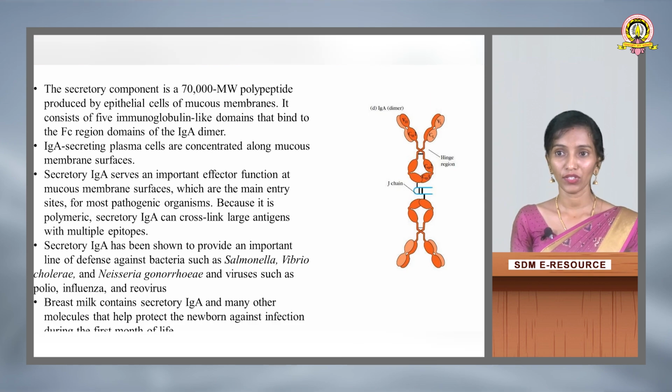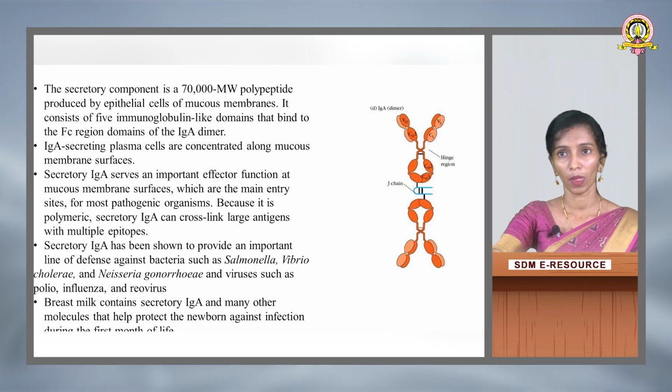Secretory IgA has been shown to provide an important line of defense against many bacteria, for example Salmonella, Vibrio cholerae and gonorrhea, and viruses like polio, influenza and retrovirus. Breast milk contains secretory IgA and many other molecules that help to protect the newborn against infection during the first months of life.